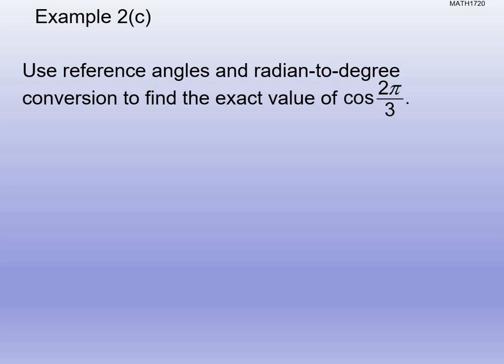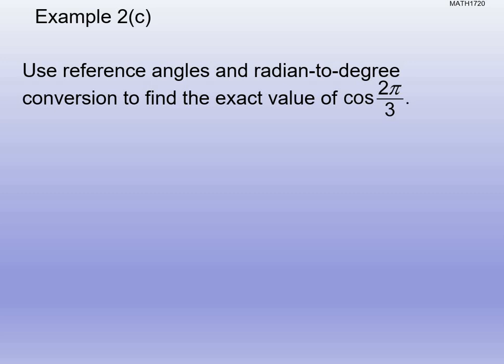You may not remember in radians where everything goes, but if you put it into degrees, by multiplying by 180 over pi, we should get what? When we simplify that down, 180 divided by 3 is 60, 60 times 2 is 120, and the pi's cancel. So we know it's 120 degrees, so we are in the second quadrant. And we know that the reference angle has to be 180 minus 120, which is 60.